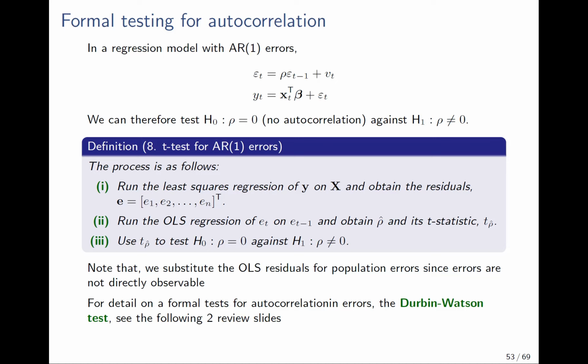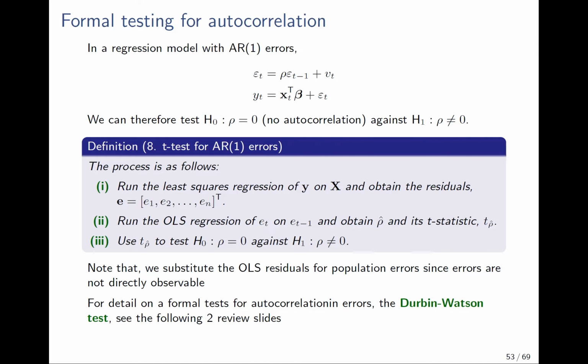First, what we're going to do is run the least squares regression of y on x and obtain the residual vector. We're then going to run the second stage OLS regression of epsilon t on epsilon t minus 1, the residual on its own lag, and we're going to obtain rho hat from that regression and its t-statistic. And thirdly, we could simply use that t-statistic to test the null that rho is equal to 0.